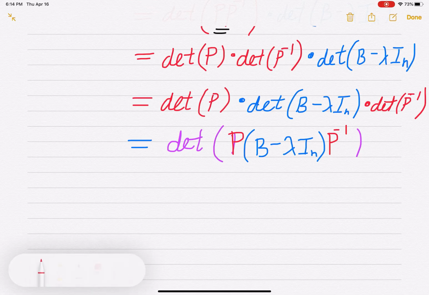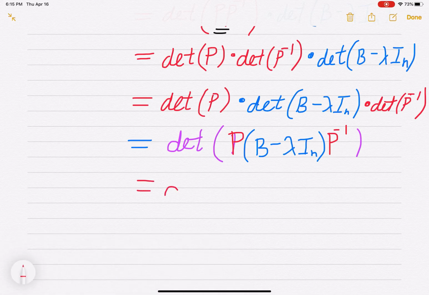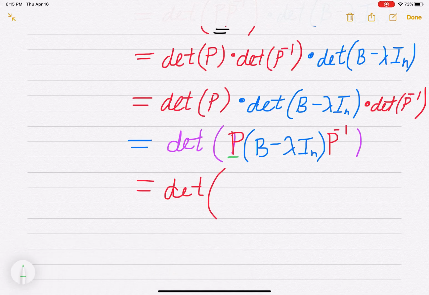All right, now let's distribute the P here on the left side. So when I distribute the P here on the left side, I'm going to have what? PB, and then we're going to have minus lambda PI.